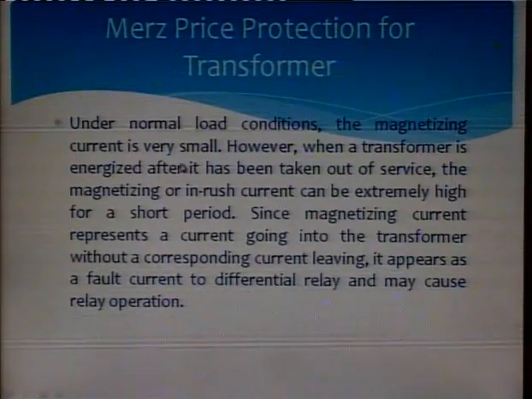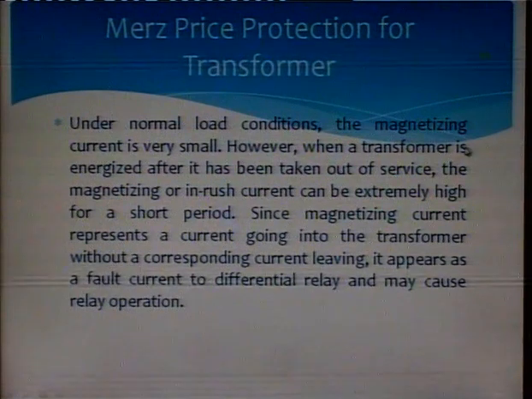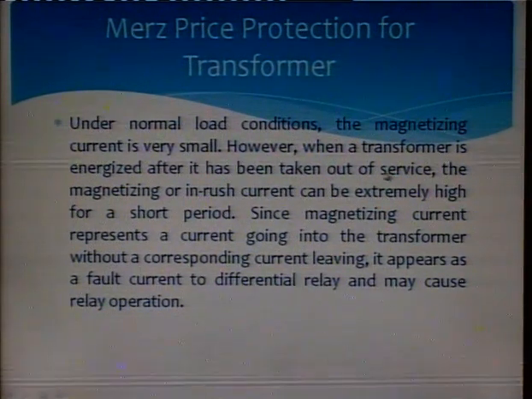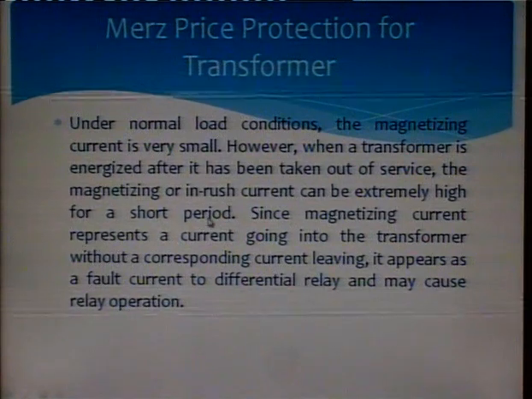Under normal load condition, the magnetizing current is very small. However, when a transformer is energized after it has been taken out of service, the magnetizing or inrush current can be extremely high for a short period.